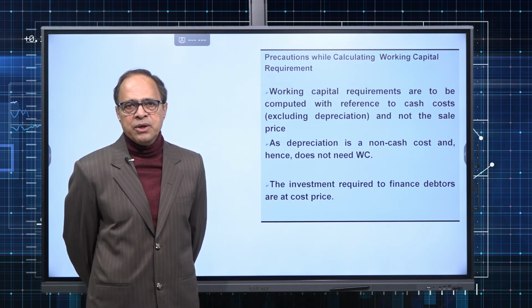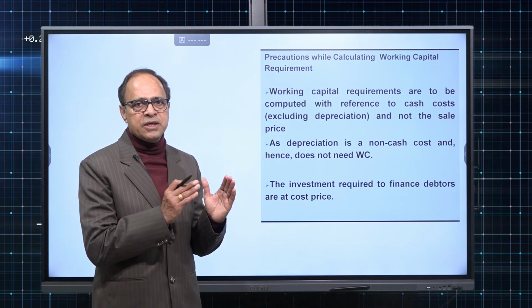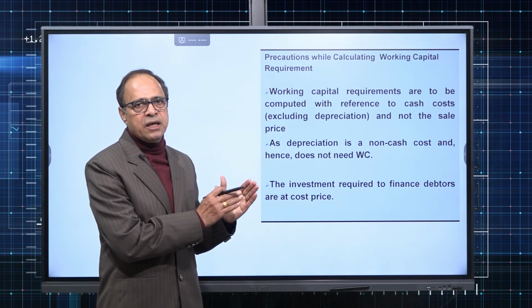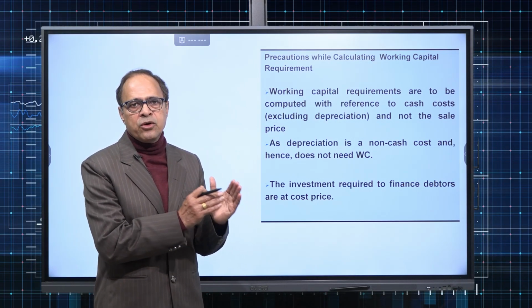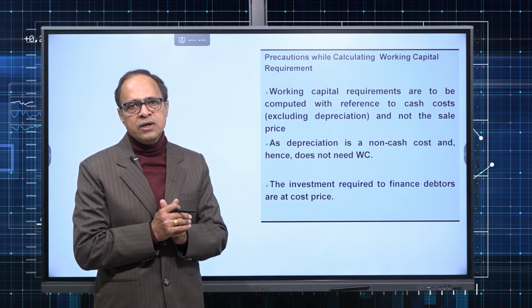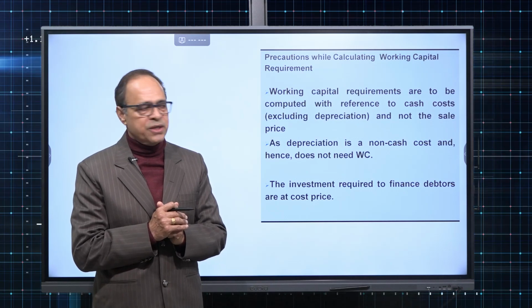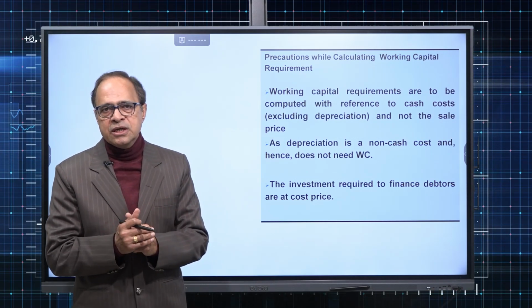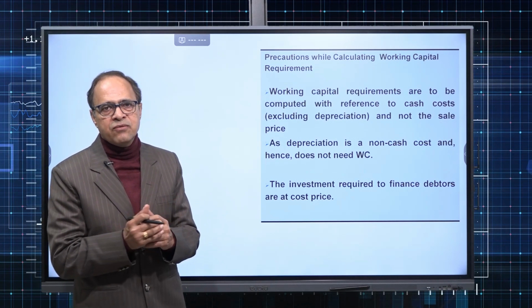Hence, whatever the depreciation may be, whether it relates to production facilities or to admin, sales or any other activities, at any level, it will be excluded because we are estimating working capital.